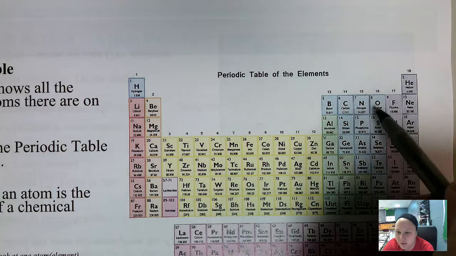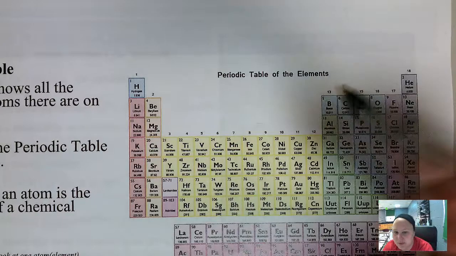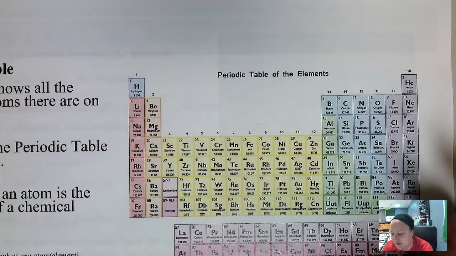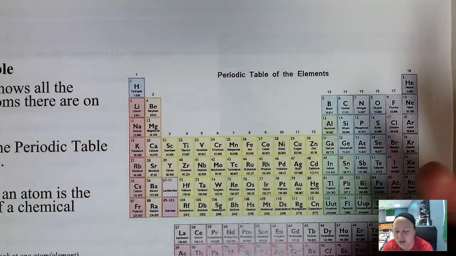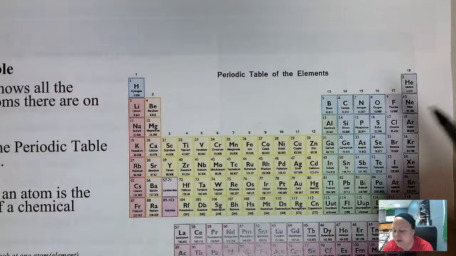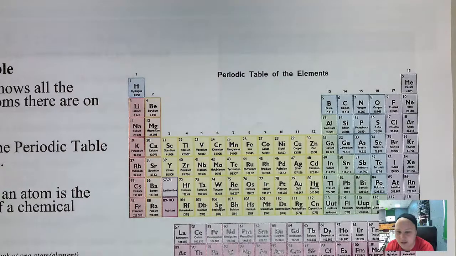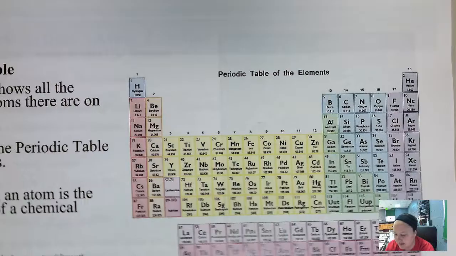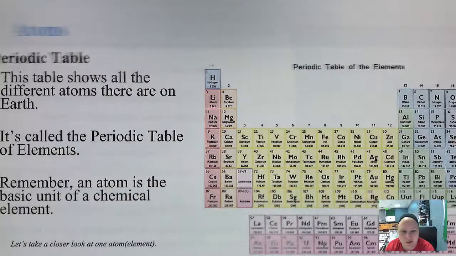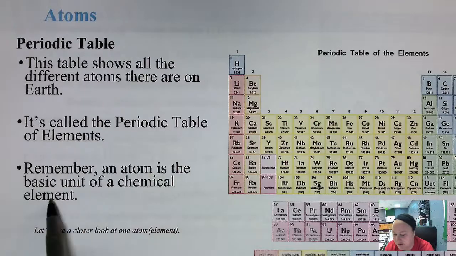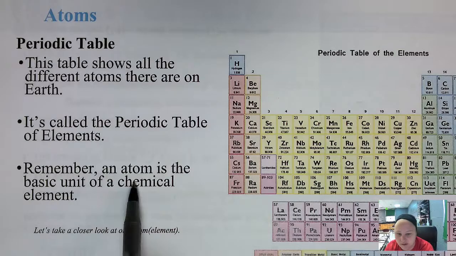Even though it's one box on here, there could be multiple atoms that make up however much oxygen or gold you have. They're atoms built together to make that element. Some of these are metals, some are non-metals, some are gas. You don't really have to know that right now, but they are all made up of atoms. So the elements are built from atoms.